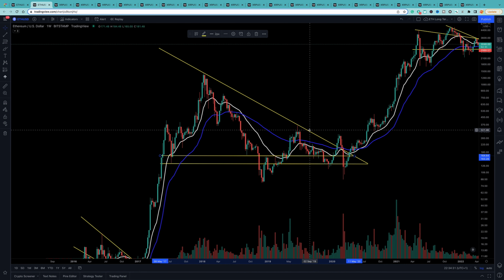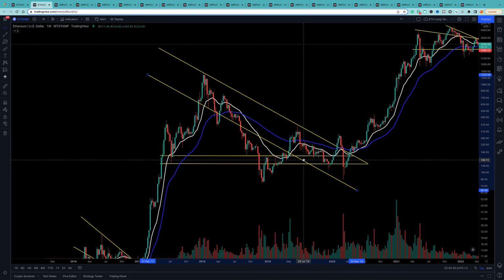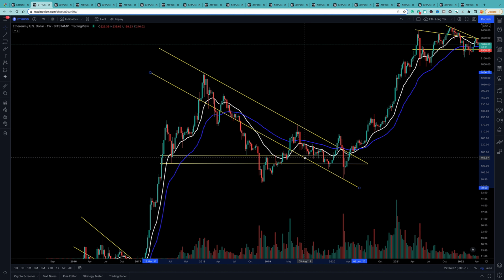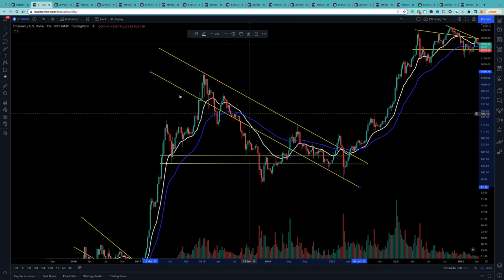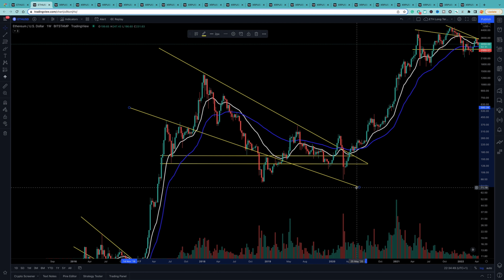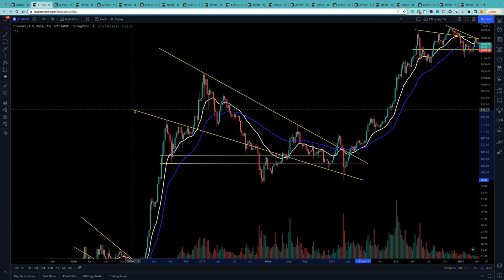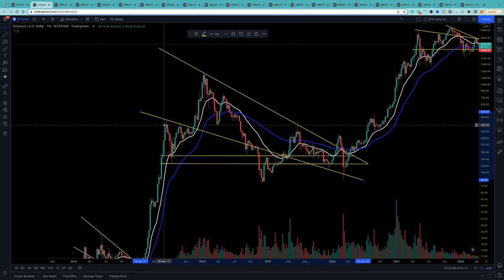And now the channel, and again that looks, excuse me, it's too thin. I can see this here like this. And again, I think we're back to a pennant.